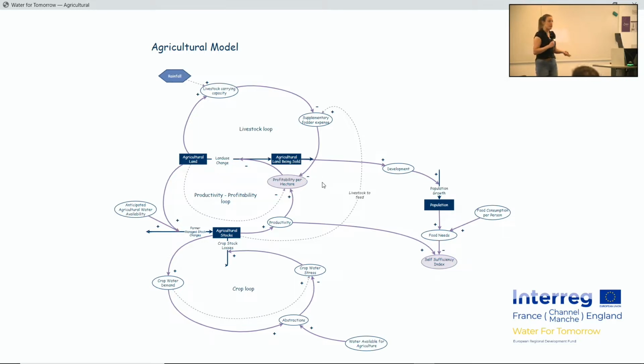Now, the story that the agricultural sector wanted to tell is that farms are businesses, and if we want a thriving agricultural sector, it's really important that farms are profitable. So the problem with water scarcity is that if farms are not able to get access to the water that they need for their crops or for their livestock or whatever, that really impacts on their profitability.